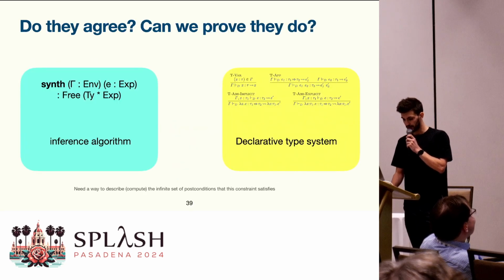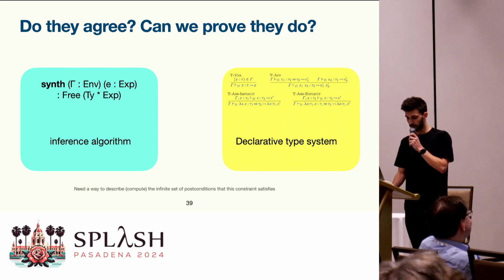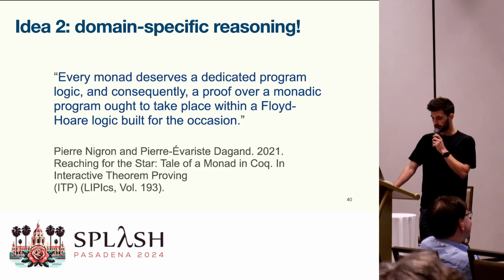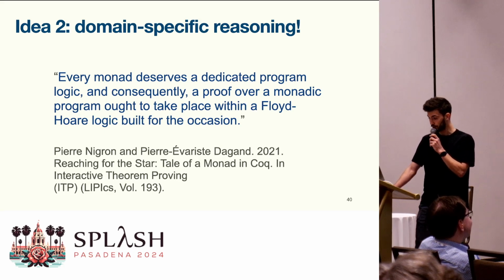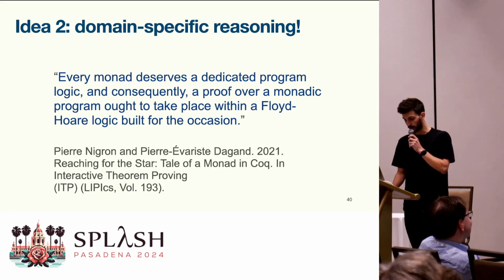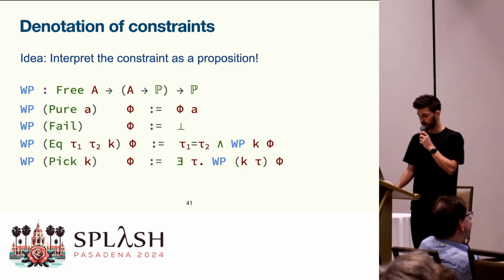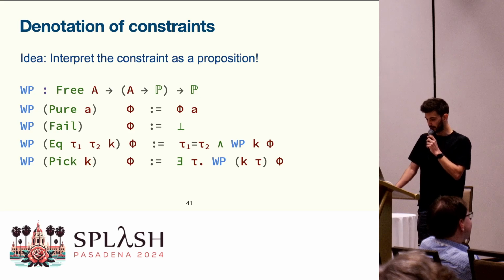So now we've defined synth, and the question is, can we prove that synth overlaps with our declarative type system? The second idea that we'll use is something called domain-specific reasoning. There's this nice quote from a beautiful paper by Nigon and Dagan, where they say that every monad deserves its own Hoare logic. And we're going to use this to define a denotation of constraints. So we define this funny-looking function called WP, which is essentially program logic for constraints.